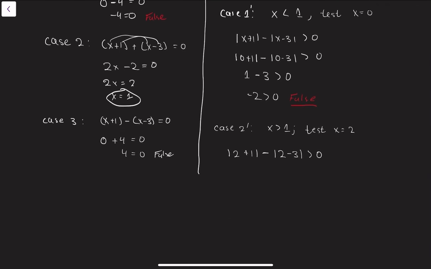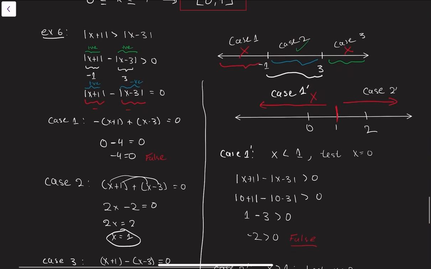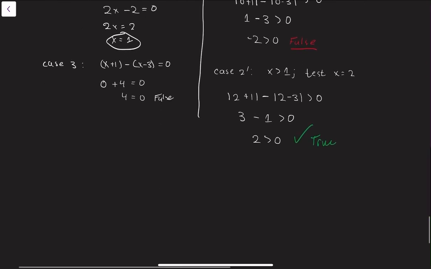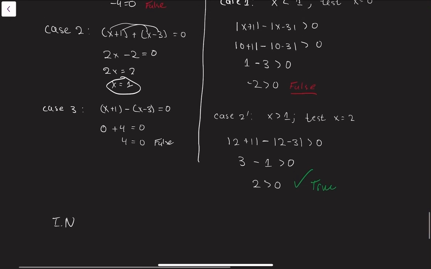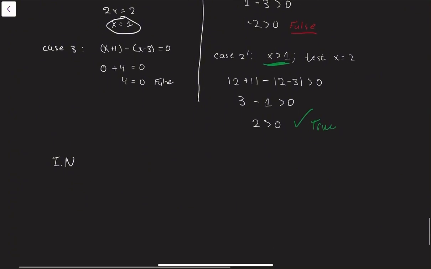It turns out that this is 3, and this becomes 1, and that needs to be greater than 0. We know that 2 is greater than 0, so this case is true. So in interval notation, our only region in which it worked was when x is greater than 1. So we go from 1 to infinity, and we'll square that for that solution.